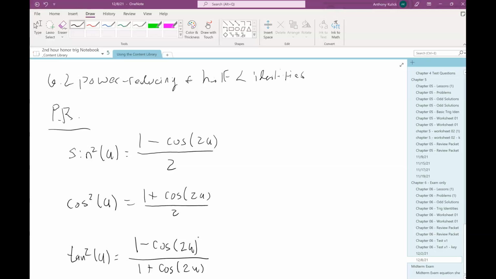Okay. So let's just run through a couple of examples of evaluating some angles using these power reducing identities. And then we'll do an example of a proof that we can do using this. And then we'll talk about the half angles after that.